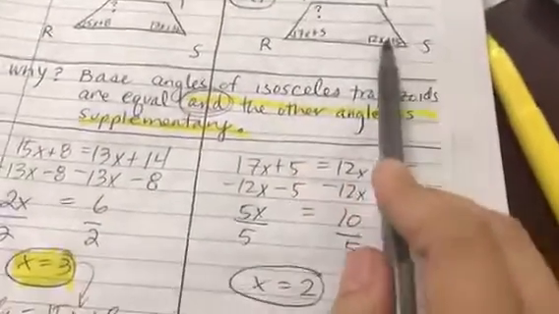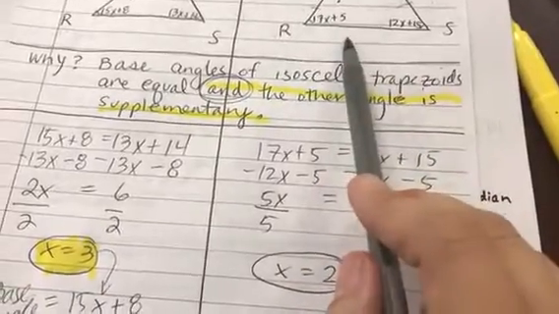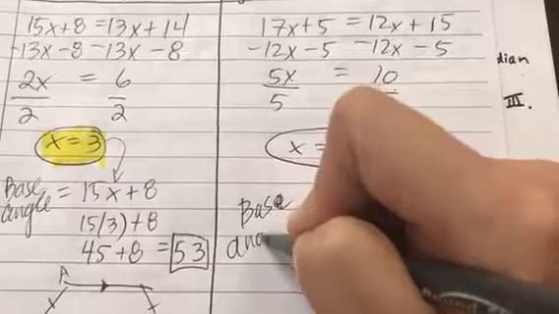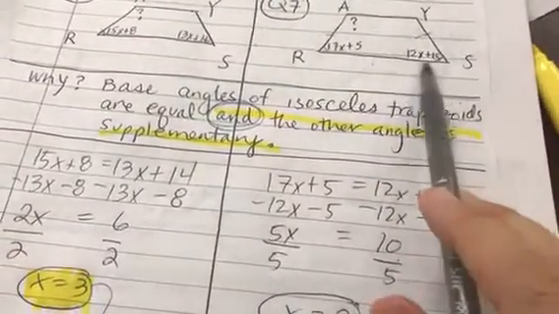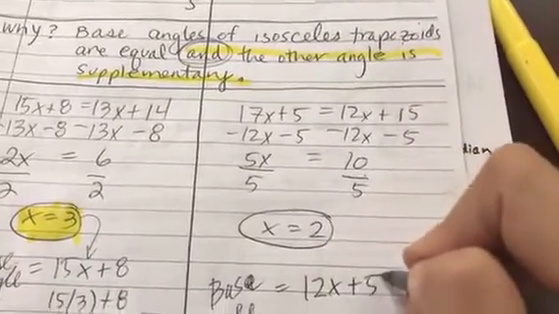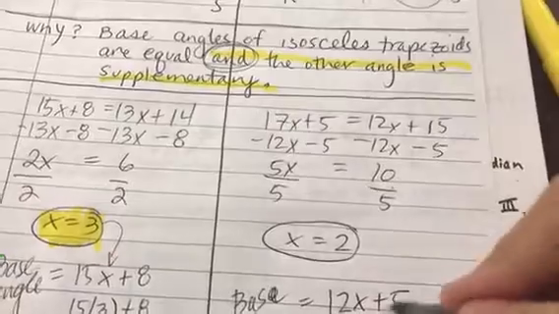And once again, either expression will help me solve for the base angle, and then I'm going to plug it back in because I know that these two angles have to be supplementary. So my base angle is equal to either expression. So I'm going to pick this one. I think I like this one a little bit better. 12x plus 15.